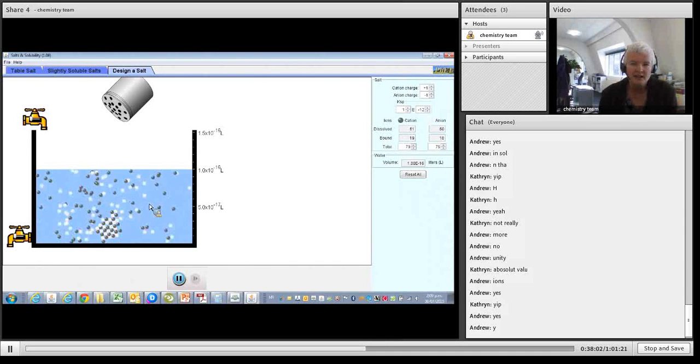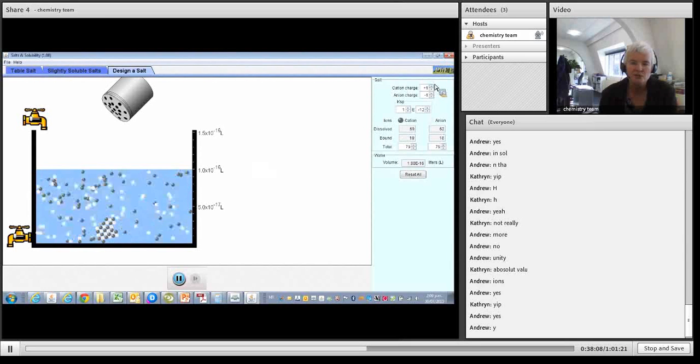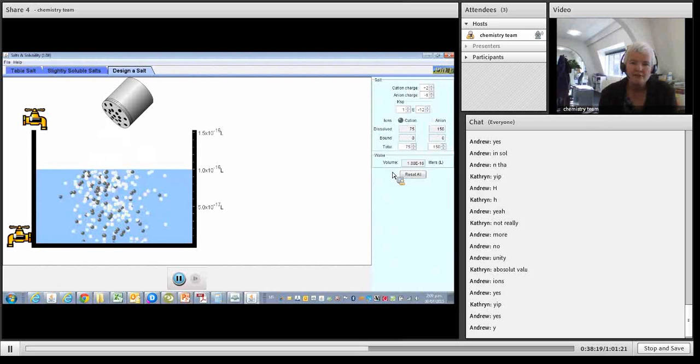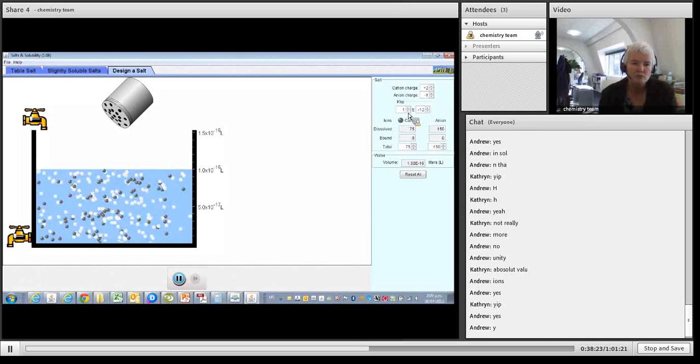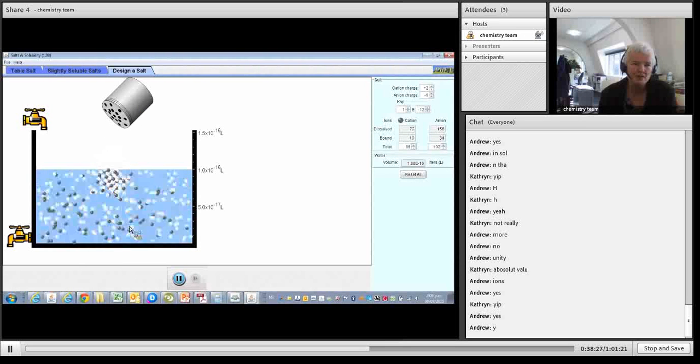You can see I've got now a solid, it's a saturated solution. If I change my cation to a +2 and do the same thing, can you see for my same KSP value, it looks as though a lot more can dissolve? Can you see it looks a lot more crowded?